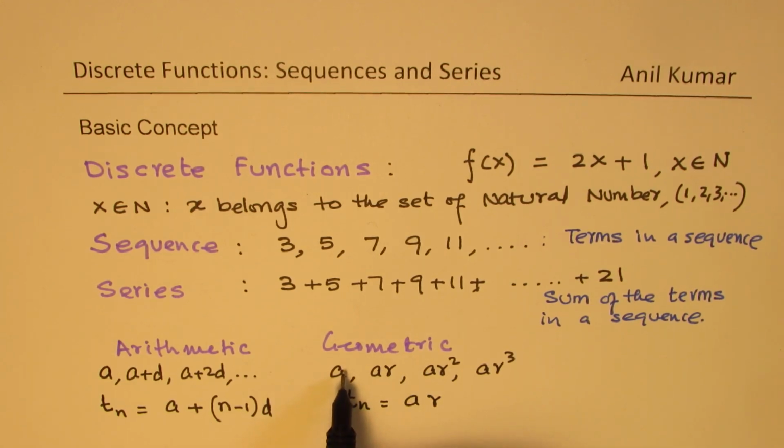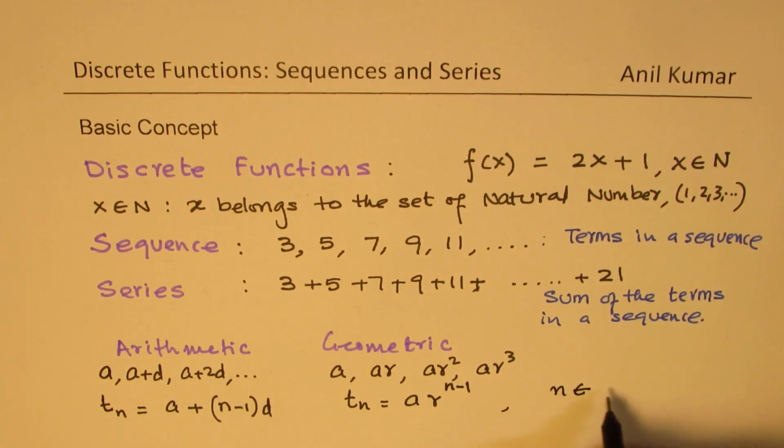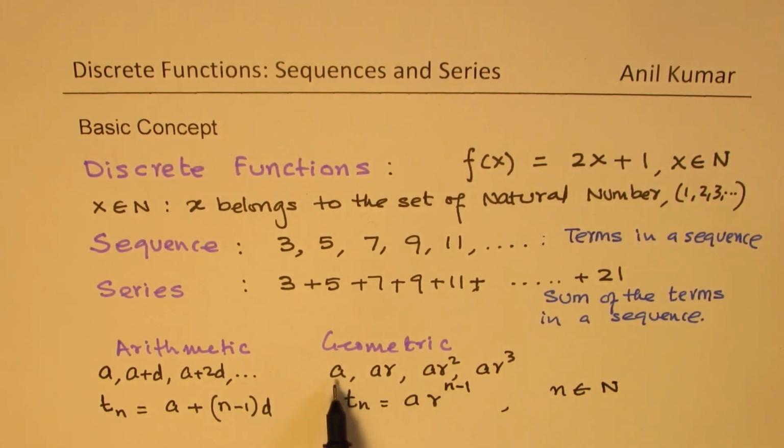So in the first case, it is r to the power of 0. We cannot use 0, right? So we use n minus 1. Do you see that? Now, in both the cases, you can see that n belongs to the set of natural numbers, correct? So if I put 1 here, we get the first term, correct?